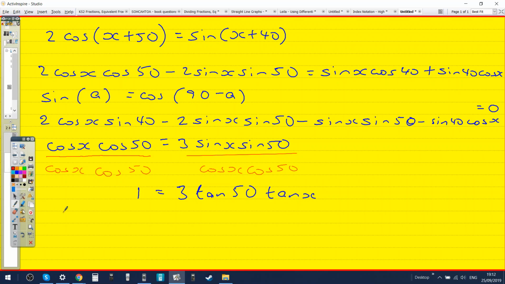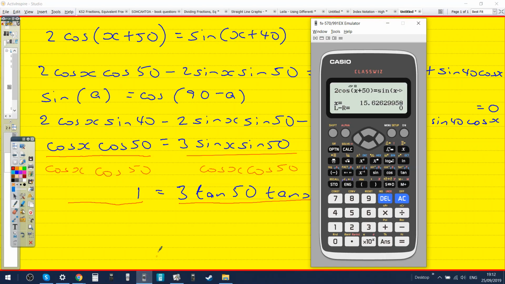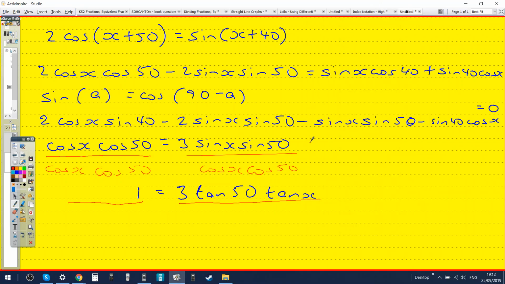What else will you divide by next? Divide by 3 and arctan it. Don't forget that tan 50 is just a number. So we can find tan 50.